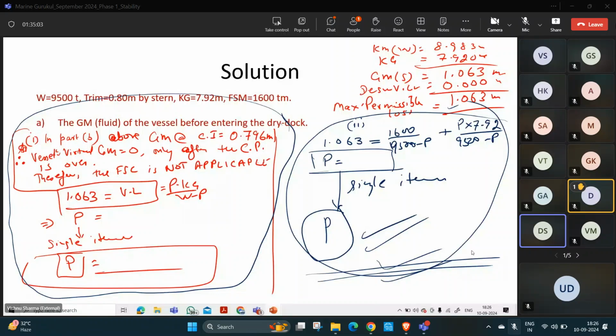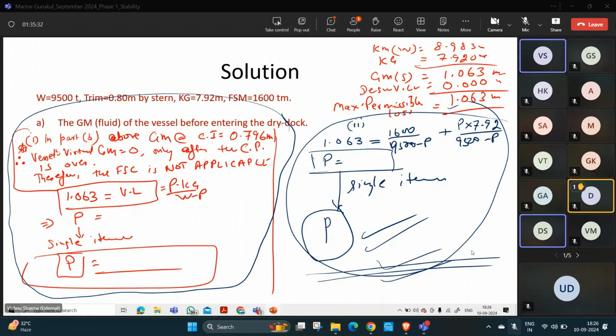Sir, one doubt, sir. Yeah, tell me. Sir, here in the blue one we did max permissible loss is equal to FSC plus virtual loss, because I'm not linking it. I saw in one question in MV Hintship, sir, what they did: first, they have taken the same FSC which is given initially for 9,500 ton.